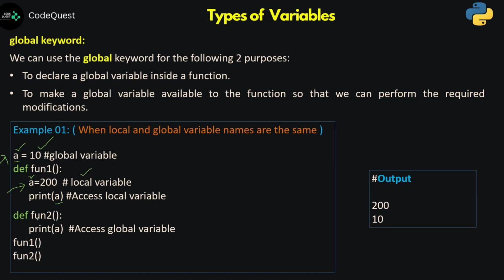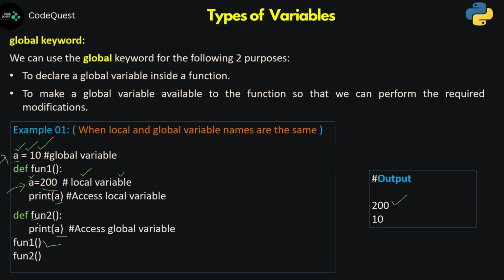Whereas when I'm going for fun2, fun2 has no local variable with the name a. So when it is trying to access a, it gets the global variable. As a result, when you call the fun1 function, you get the a value printed as 200, which is nothing but the local variable of the fun1 function. So in the output we can see we are getting 200 here because it prefers the local variable.